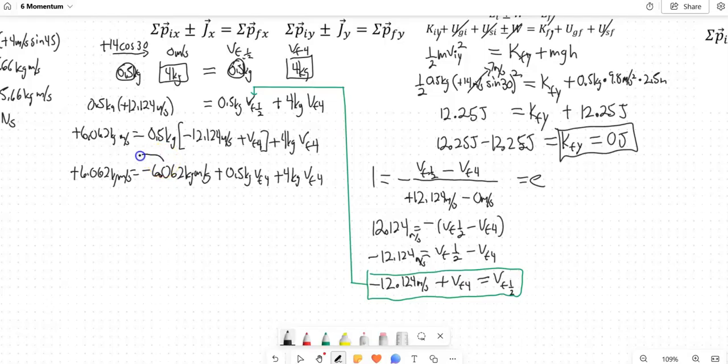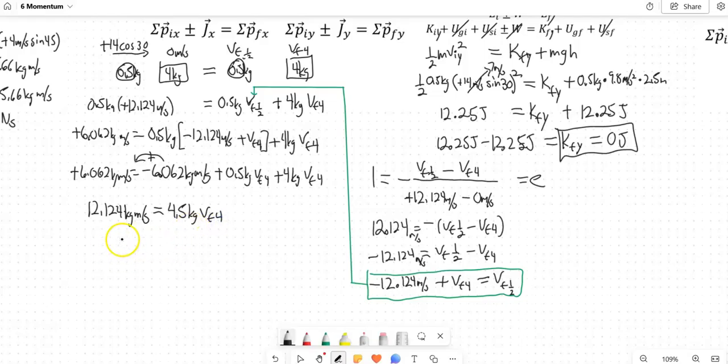We're going to add this onto the other side, and when we do that, we're going to go back to 12.124 kilogram meters per second. So we're going to add that, and let's add these two together. 4.5 kilograms V final 4.